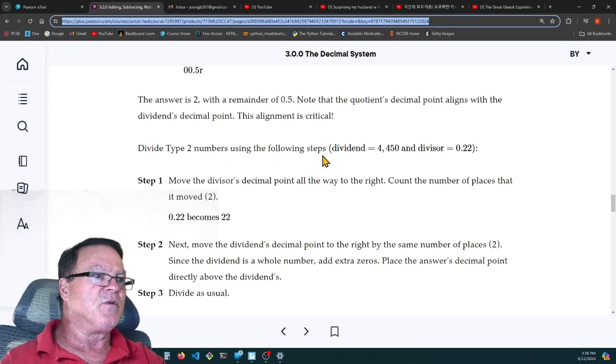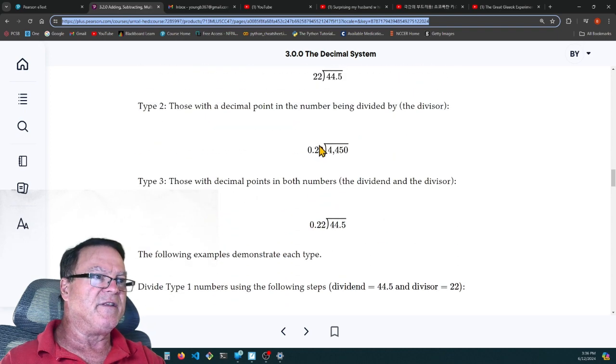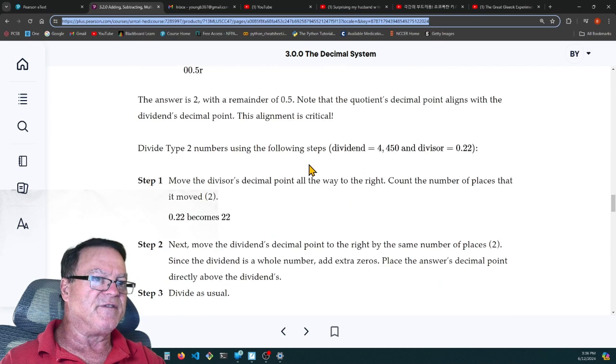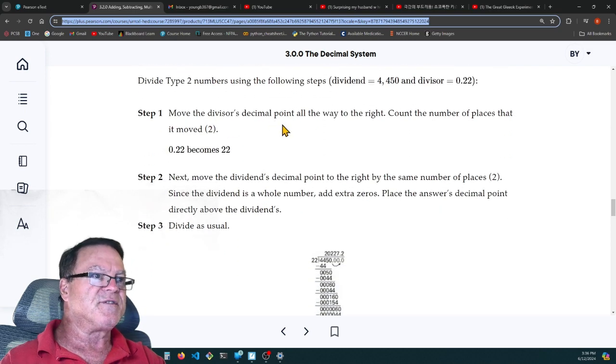In example number 2, dividing two numbers with the following, there's a decimal point in the divisor. So move the divisor's decimal point all the way to the right. Count the number of places that it moves. 2. So 1, 2. 0.22 becomes 22. Next, move the dividend's decimal point to the right the same number of places. If you moved the divisor's decimal point by 2, move the dividend's decimal point by 2.